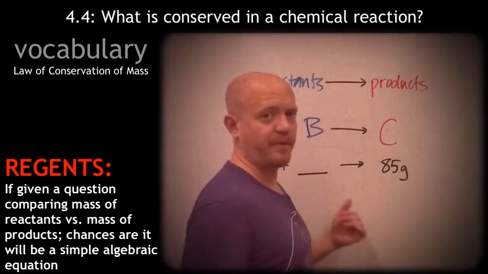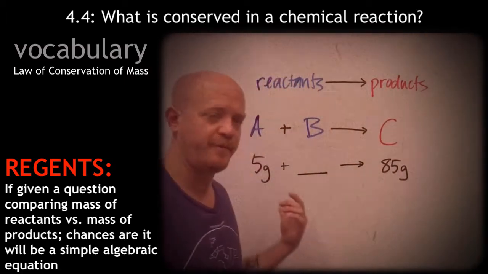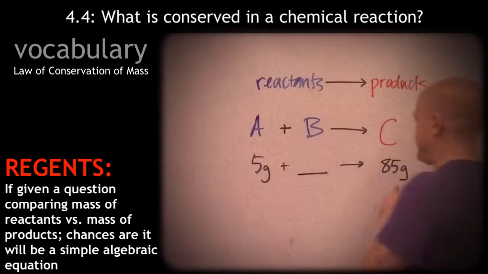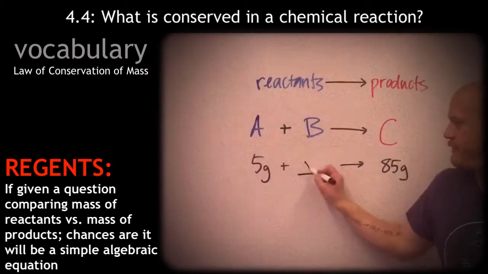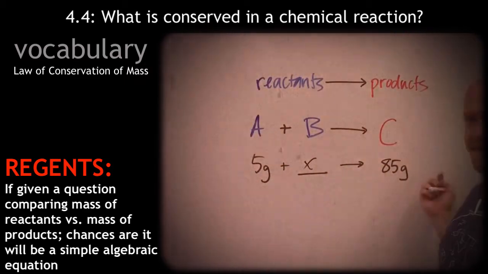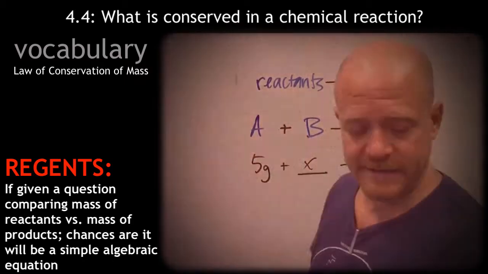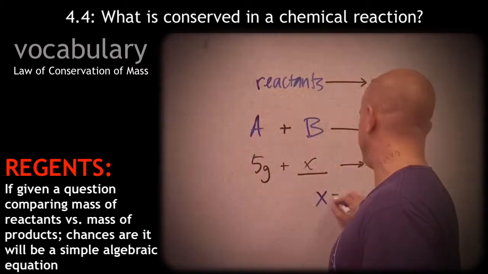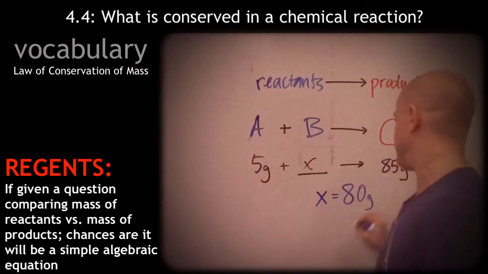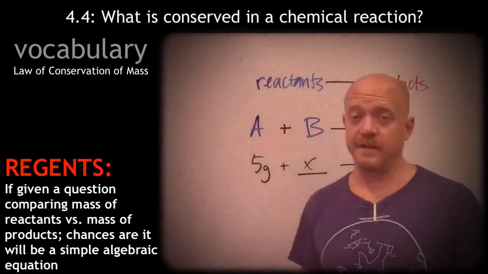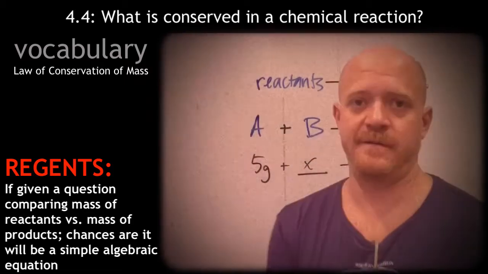Well, this is as simple as an algebraic equation. 5 plus x equals 85. Again, 5 plus x equals 85. I don't think I really have to explain this because you should know that x equals 80 grams. This shows the law of conservation of mass.